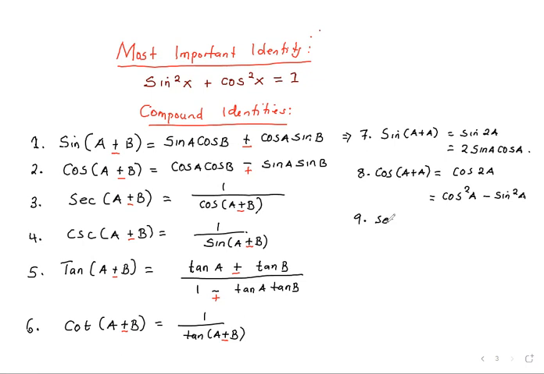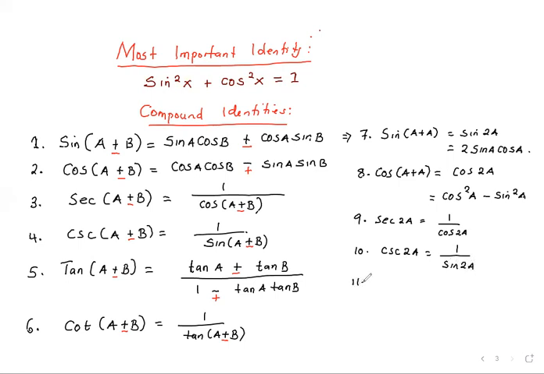You talk of sec 2A, it would have been 1 over cos 2A. You talk of cosec 2A, it would have been 1 over sine 2A.